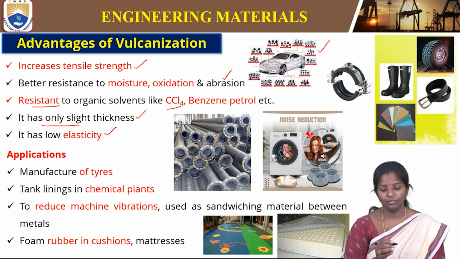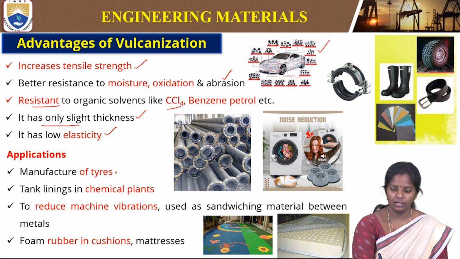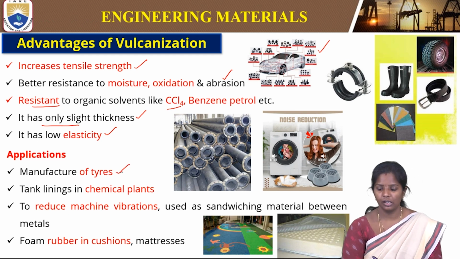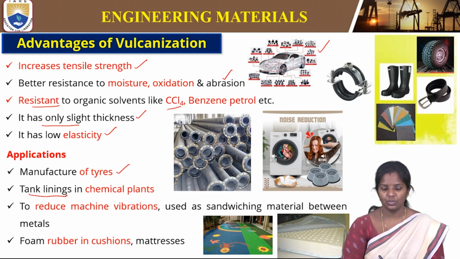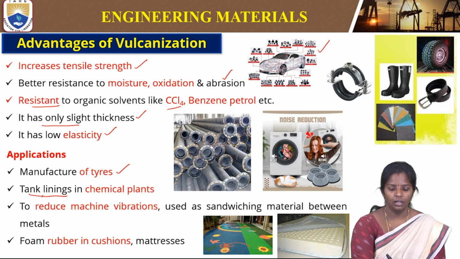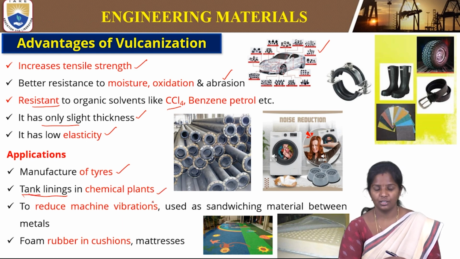Because of this elasticity and resistance, they are applied in many applications. Examples: manufacturing of tires, then tank linings in chemical plants. As we are saying, it is resistant to organic solvents, so chemical plants can be lined with this rubber so that it is resistant and leakage proof.